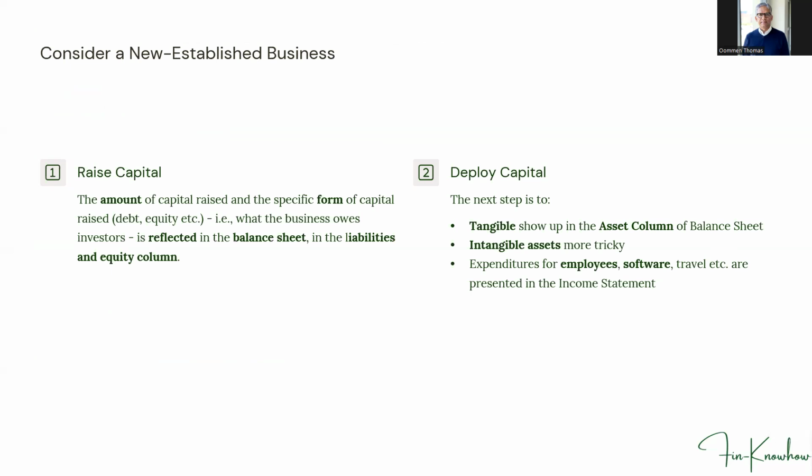So we're going to assume that the new business goes through the sequence of events that is typical of a new business: raising capital, acquiring assets, combining assets with resources to conduct operations and to generate profits.